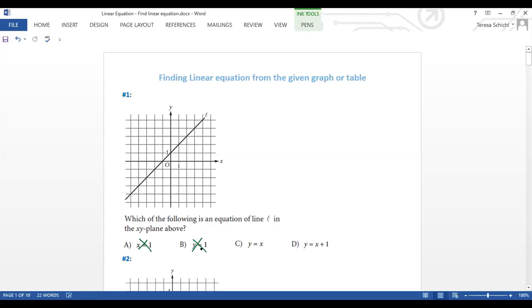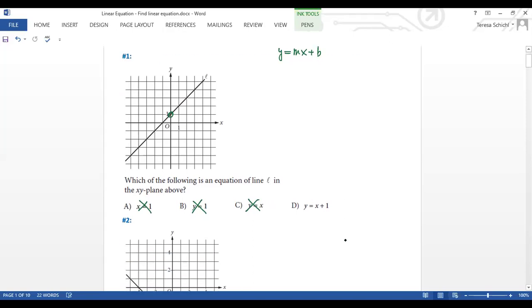So this cannot be here, because when y equals some value, the line is parallel to the x-axis, right? And also, we know the common form is mx plus b. Take a look at part C. In here, this line does intersect the y-axis, so that means it does have an intercept. But C, y equal to x, does not have an intercept, so C cannot be the correct answer.